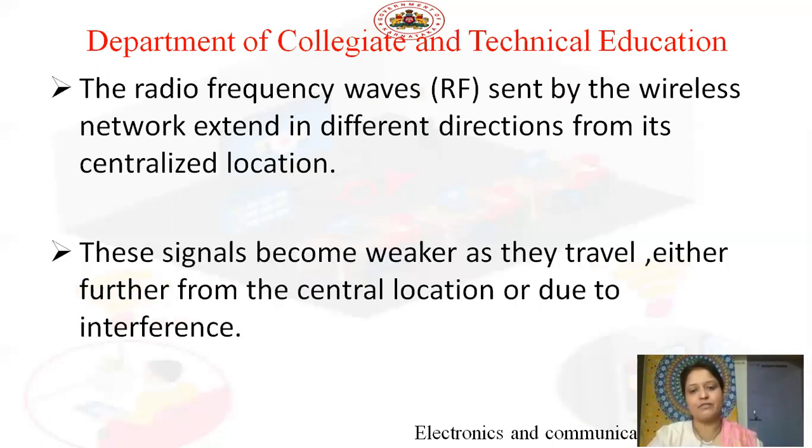These signals become weaker as they travel further from the central location or due to interference. That is, if a device is moving away from the router, the strength of the signal will keep reducing. And also due to some disturbances or interference, the signal strength may reduce.